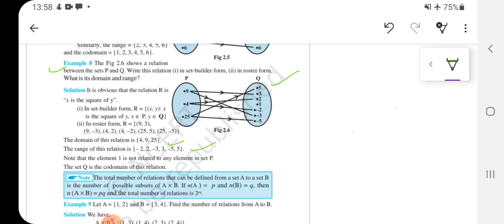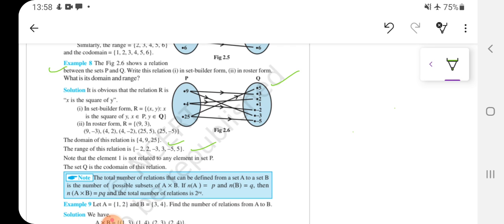Now you can clearly see what they are doing. 9's image is 3 and -3. If I take the square of 3 and -3, it will be what? 9. So that means plus minus under root of 9 will be our 3 and -3, right? So that will be for 9.